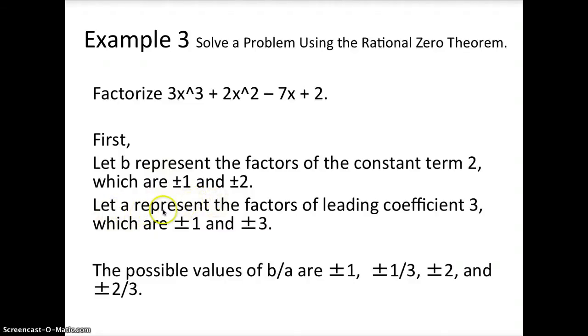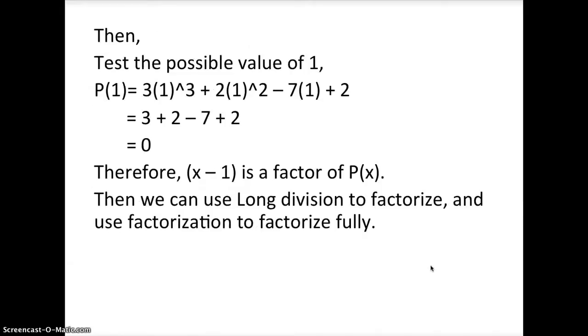Let A represent the factors of the leading coefficient 3, which are positive and negative 1 and positive and negative 3. The possible values of B over A are positive negative 1, positive negative 1 over 3, positive negative 2, and positive negative 2 over 3.